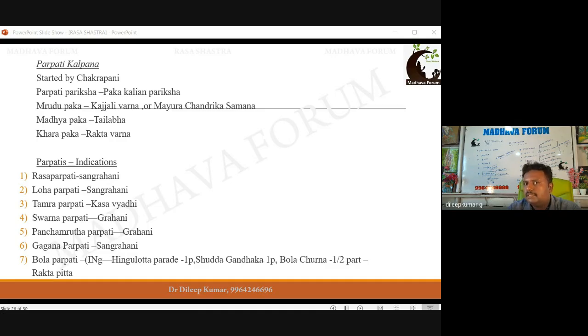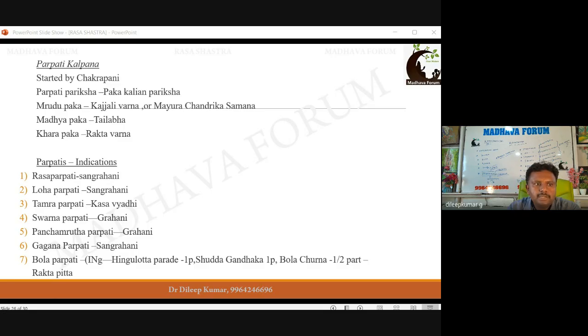In other preparations, for example Kupipakwa or Kalvirasayanas, there is no Paka, Paka Kalina, Paka Paschat Lakshanas. So if they ask a question on Paka Kalina Lakshana, remember it is definitely a Parpati Kalpana. One question was asked in the 2009 question paper, Karnataka PGT, on Paka Kalina Lakshana.